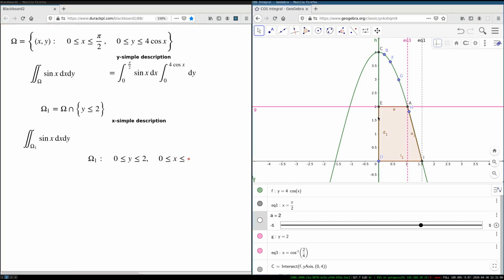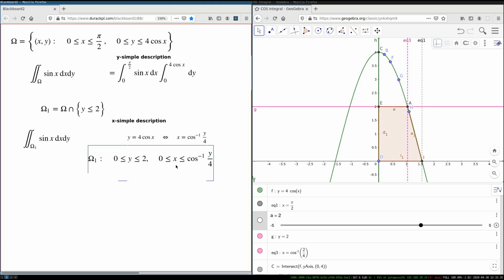For x, the control on the left will be 0, but the control on the right will come from solving the equation y equal 4 cos x, which gives x equal cos inverse of y on 4. This is the reason for this right-hand side control for the x value.